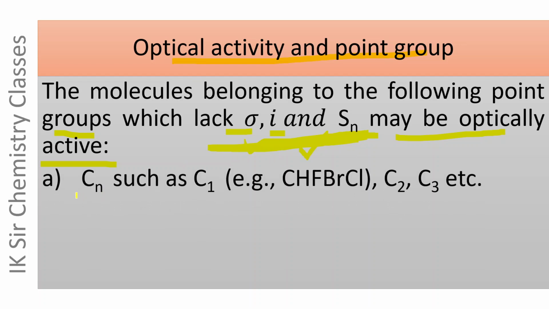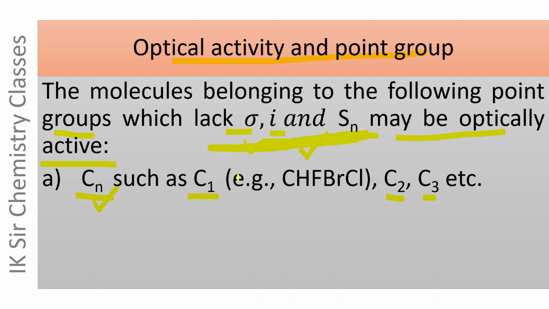For example, if a molecule belongs to the Cn point group, which contains E and Cn and lacks sigma, i and Sn, it may be optically active. Let us see an example. C1, C2, C3 point groups.